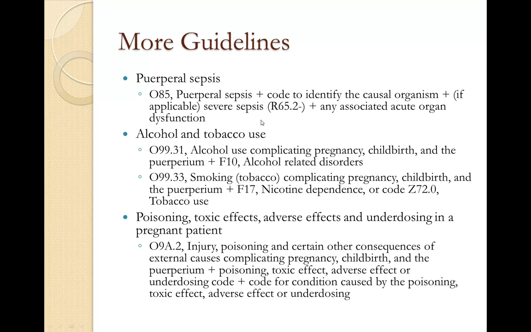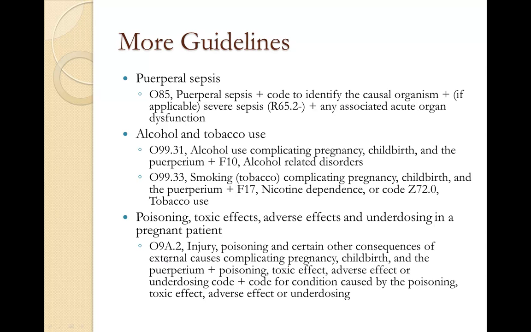With alcohol and tobacco use in pregnancy, we get O99, either .31 or .33. This is telling you that you also need a code to indicate whatever that alcohol or nicotine related disorder or dependence is. If there are any sort of adverse effects or poisonings or underdosings, anything like that in pregnancy, we're not quite to that chapter, but this really is the same kind of rules.